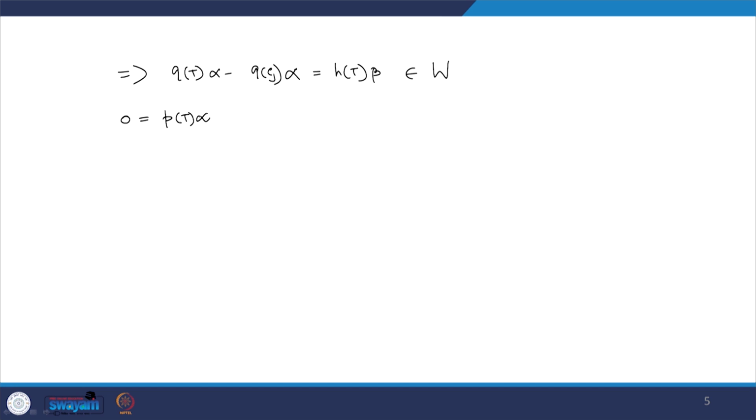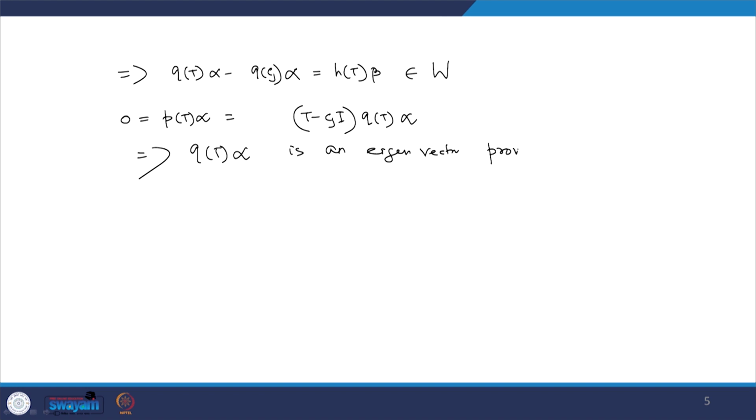If P is the minimal polynomial, Pt alpha will be equal to 0, which is equal to T minus Cj I into Qt alpha, please.